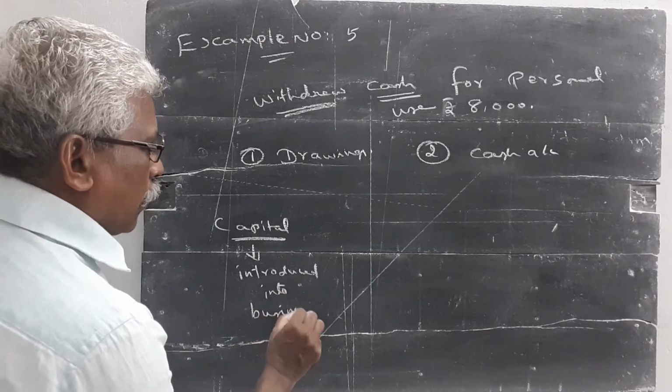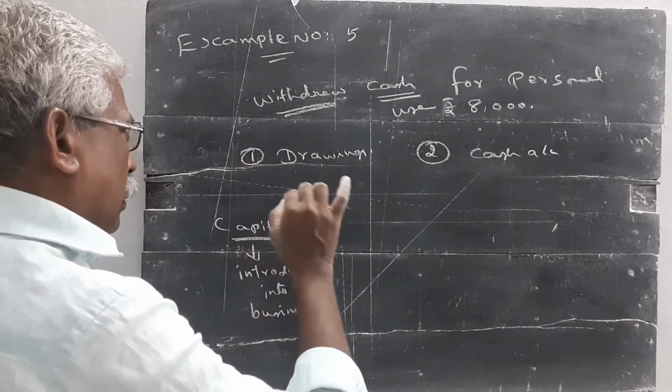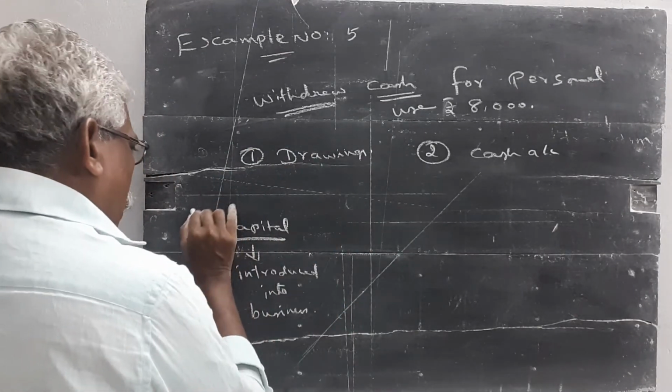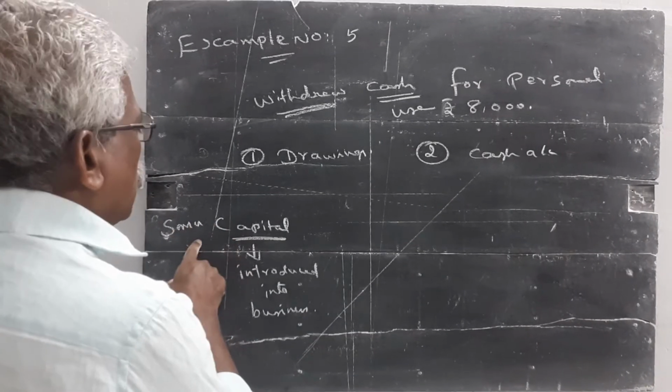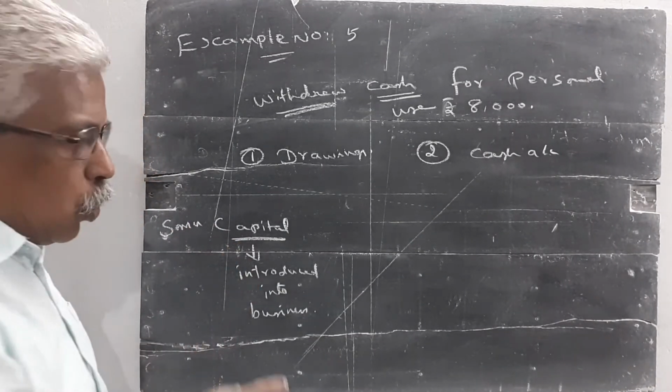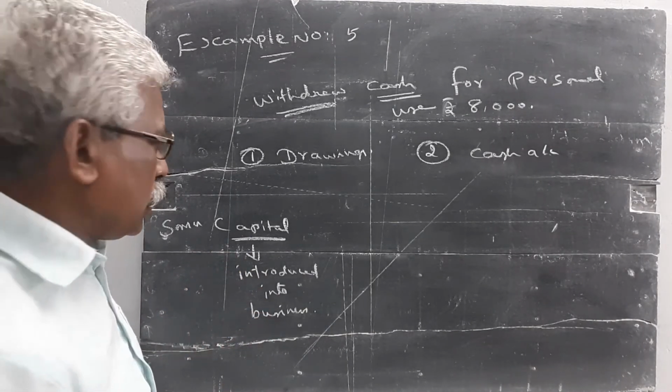Please go to example number 1. In this question, Somu is the proprietor. So we write Somu's capital. Somu, the proprietor of the business, contributed 50,000 rupees into the business.